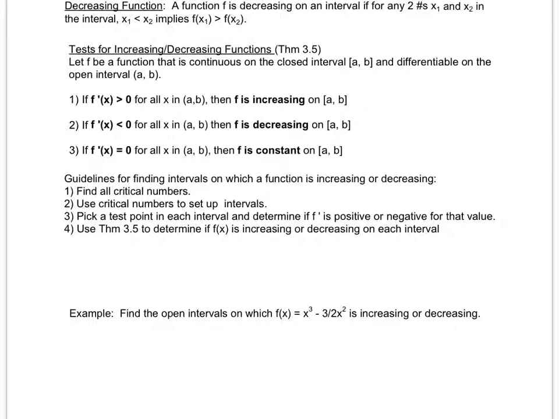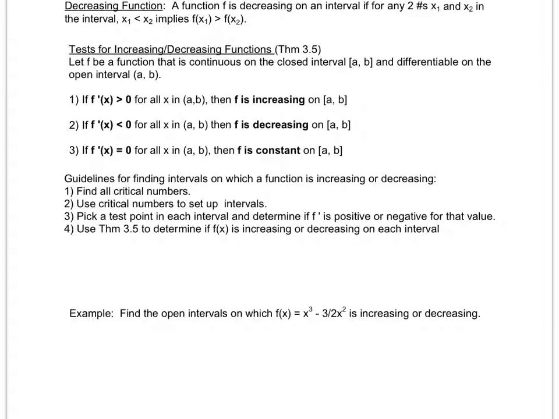The reason we have to find the critical numbers first and use those to set up intervals is, if you remember, theorem 3.2 from your book, the relative extrema theorem, tells us that if a function has a relative minimum or relative maximum, so some kind of a turn, hill or valley, there will be a critical number there.